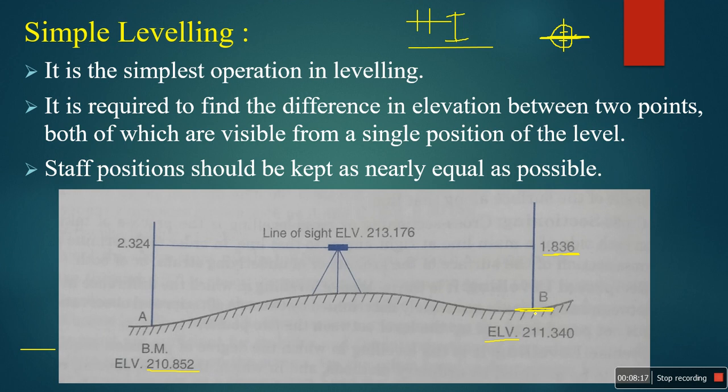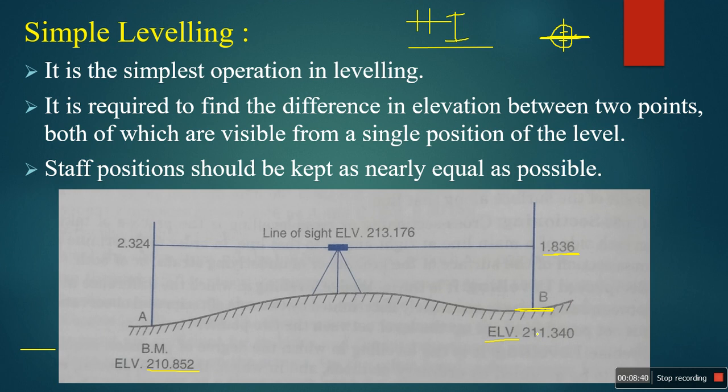Likewise we have to calculate the RL, or elevation, with respect to the staff stations. Now just assume that they have given the initial RL of the A point as 210.852, but after calculation, the RL of the B point, the elevation, is how much? It is 211.340 meters.